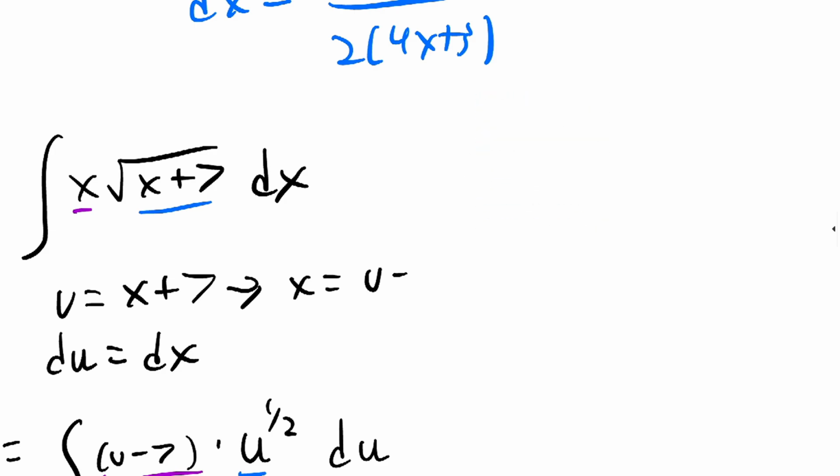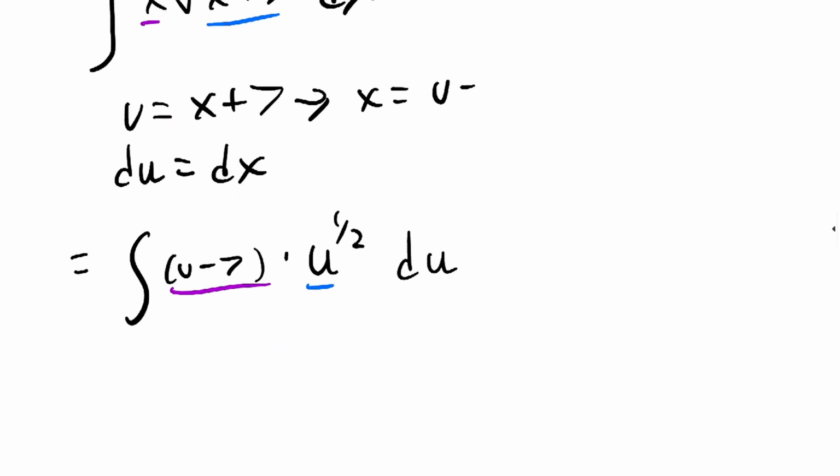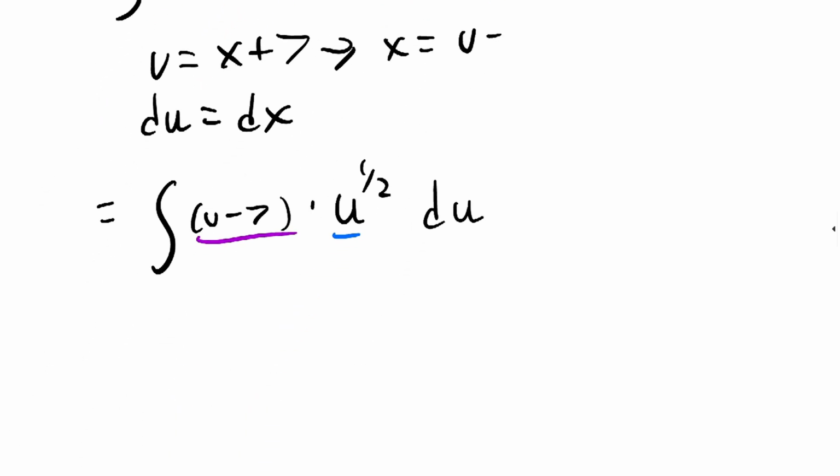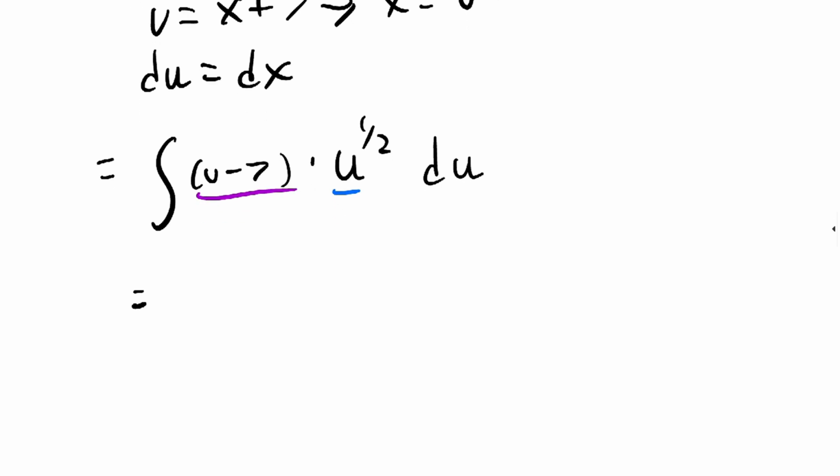That's not how math works. But in this case, I can, because now I'm multiplying a singular term by a linear term to the first power. So this is really now the integral of U to the 3/2, right? From this to this, it's U to the 1/2 times U to the 1, which is just adding the exponents, minus 7 U to the 1/2.